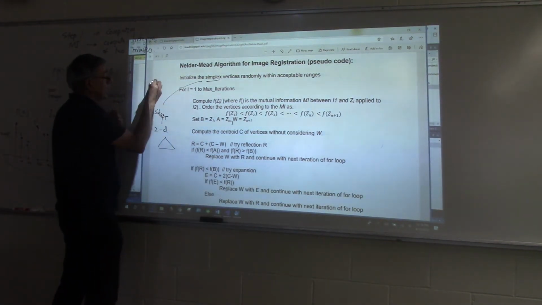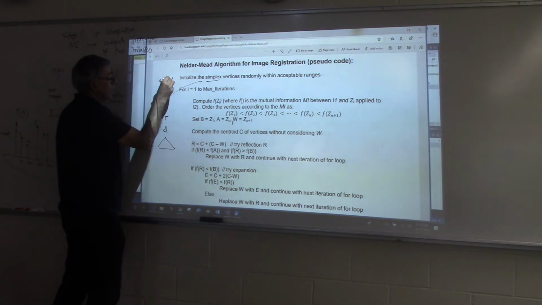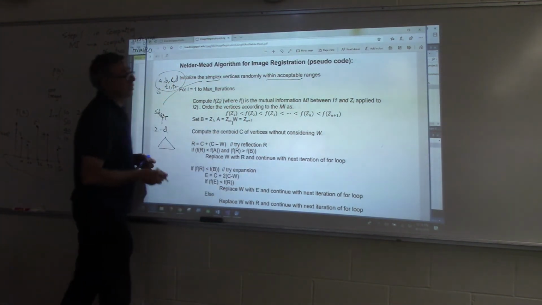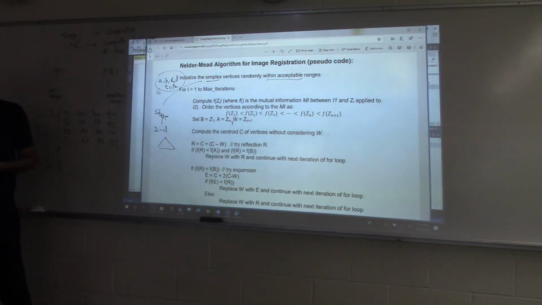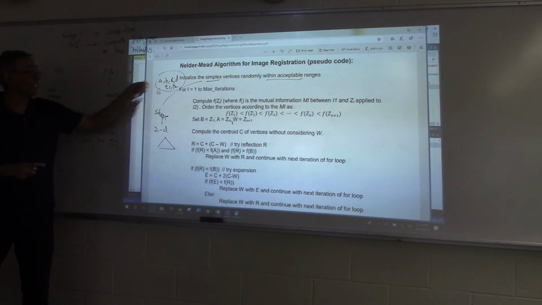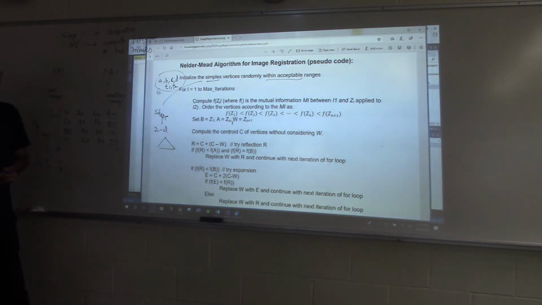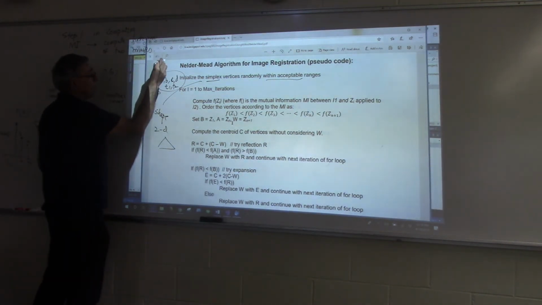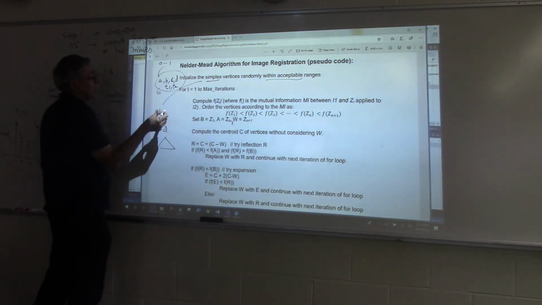So we'll initialize A, B, C, D, T1, T2 to reasonable values. It won't make sense to put 1,000 for A and 10,000 for C. So for example, A, B, C, D might be between 0 to 1.